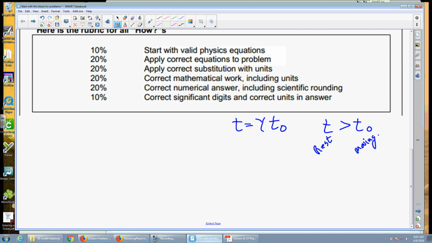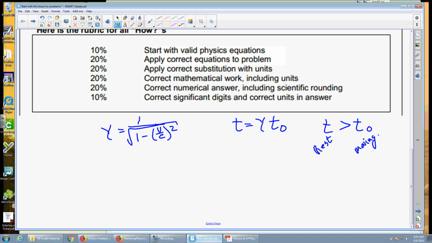We should probably also have grabbed gamma, which is 1 over the square root of 1 minus, and I like to write this as V over C quantity squared. I just find that, for me, easier to think about.